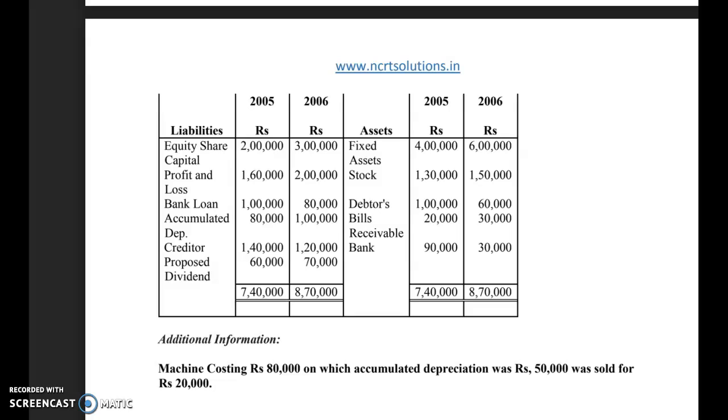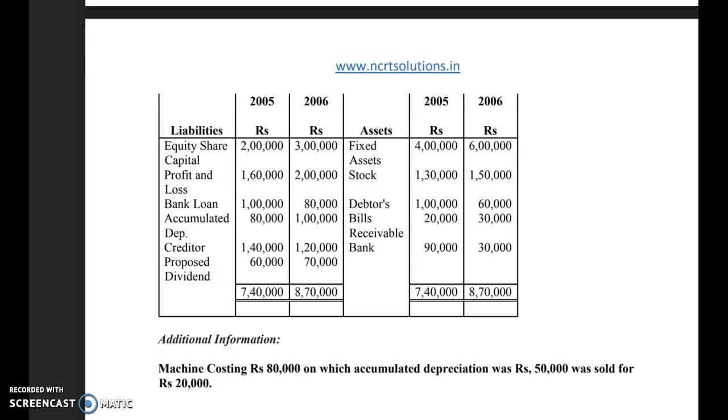So the current year's total provision will be added back to the profit before taxation while calculating cash from operating activities, and last year's total provision must be deducted from the same heading.